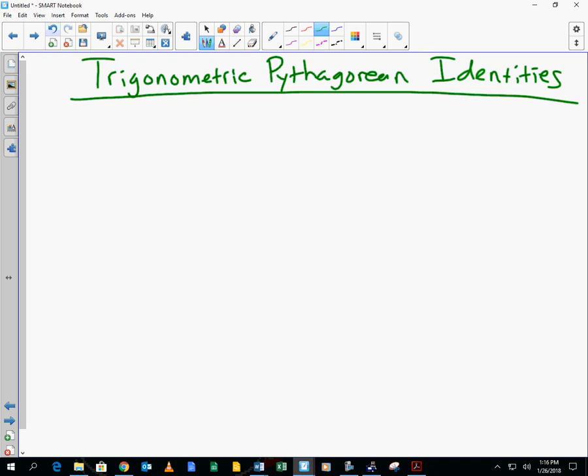Here we go. All trigonometry starts with Pythagorean theorem, which we have begun to understand is really the same as the equation for a circle. And we have chosen to do trigonometry while we're working in the unit circle because that is often easier. The unit circle would then be x squared plus y squared is 1.